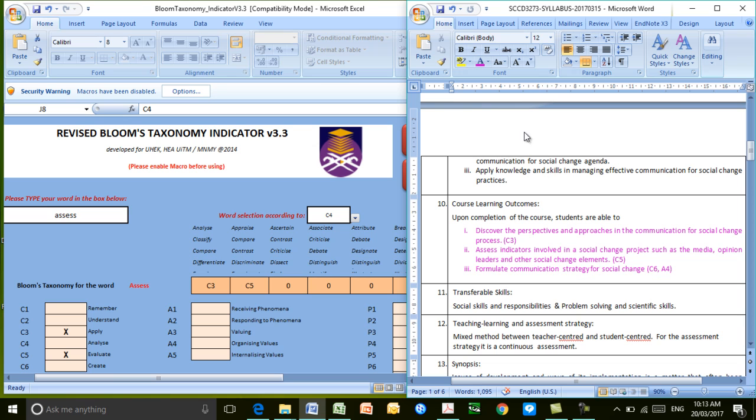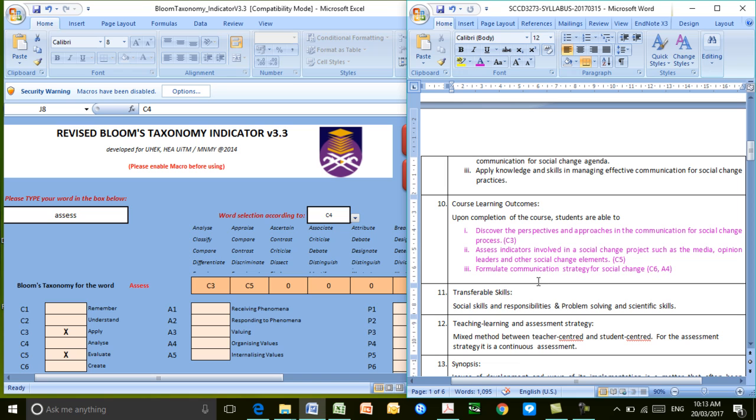For example, this is a 3000 level course. I'm expecting that most likely it should be intermediate and advanced or high level of cognitive domain. So that's why at the end I got here C3, C5.